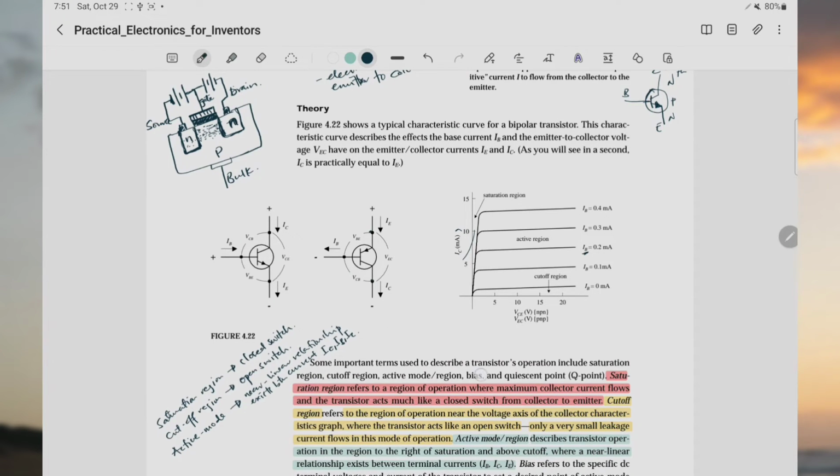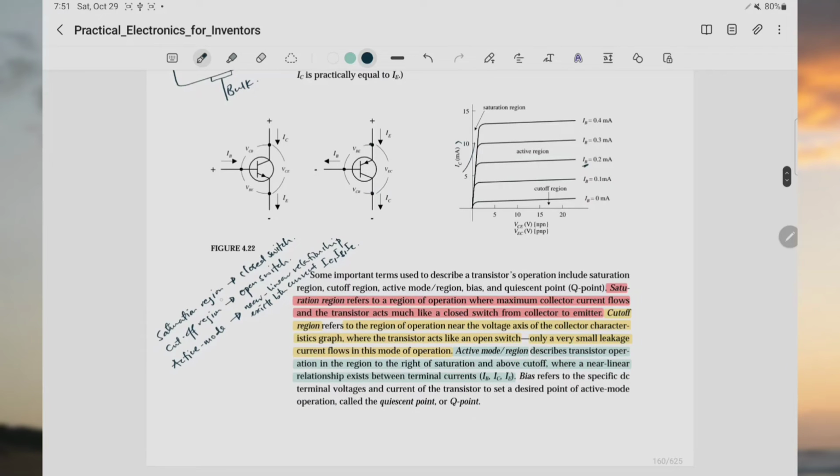So we find that in the saturation region, our bipolar junction transistor operates at its maximum. The maximum current is flowing through the collector during saturation mode. So at that point, our transistor is acting as a closed switch.